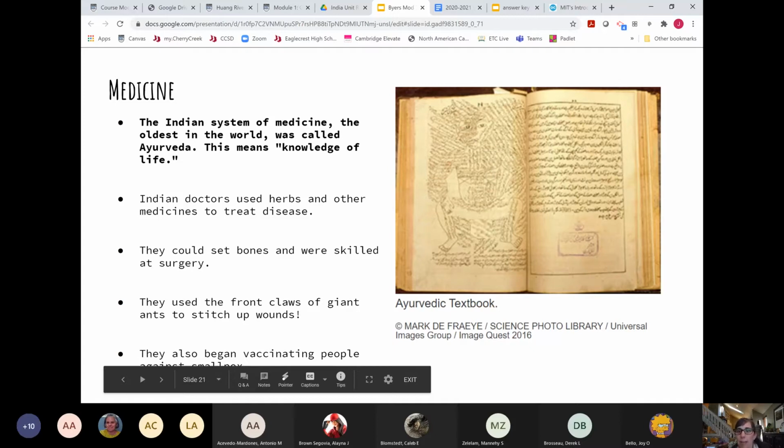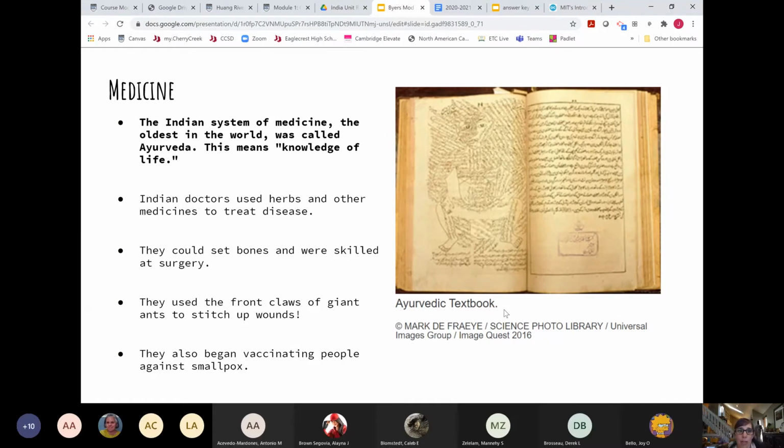So an Ayurveda text, and it's about anatomy. So this is an anatomy text, and they really studied all the different things that they could. Doctors used a lot of herbs and medicines to treat diseases, and they did it in a really distinct method. So not just trying different things, but in a systematic way.